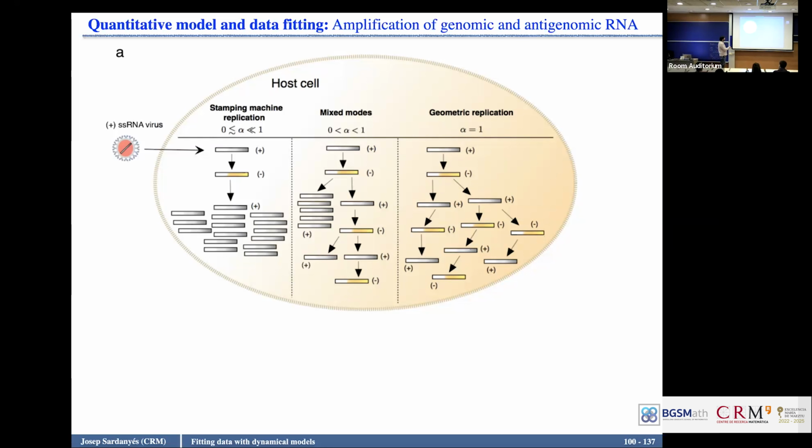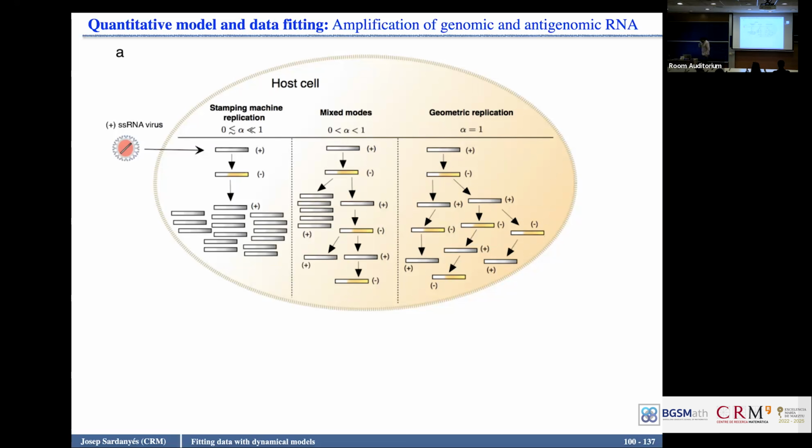Which mechanism will accumulate fewer mutations? Any guess? Stamping machine or geometric? This one, right? Because we are copying the same template all the time. If we are copying templates that already have mutations, this will amplify.